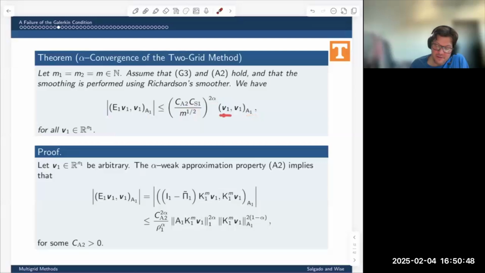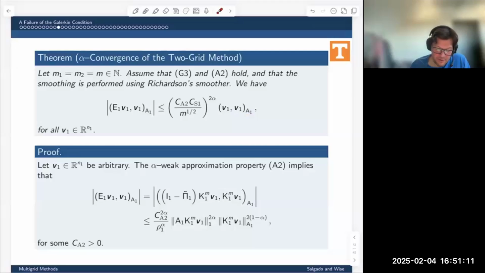Or in other words, this is just the norm of V1 in the A1 norm, the A1 norm of V1 squared. So this is enough to ensure convergence, or a contraction of the size of E1 in the A1 metric. I'm about to show you. Now, how do we do all of this?